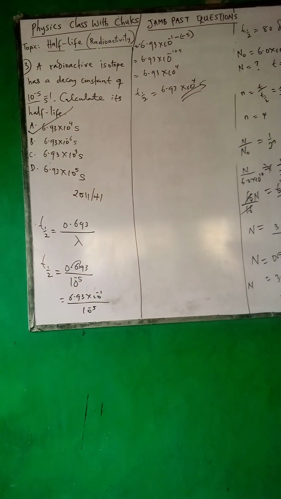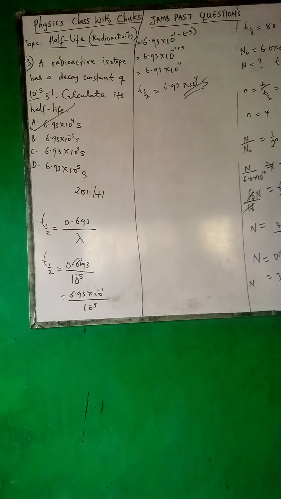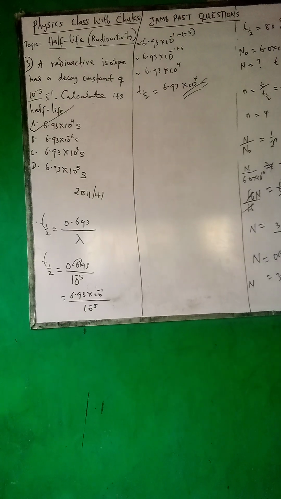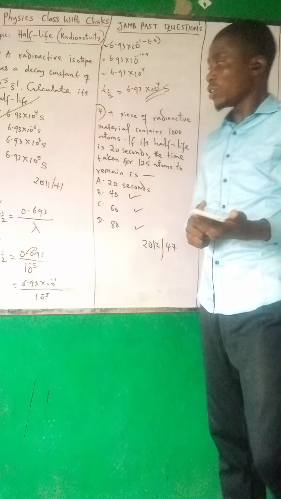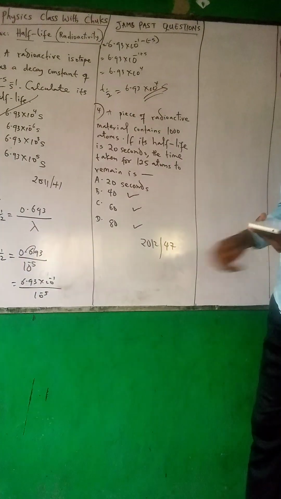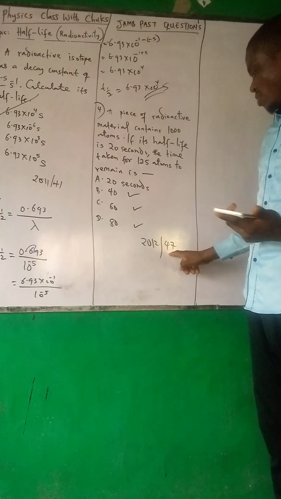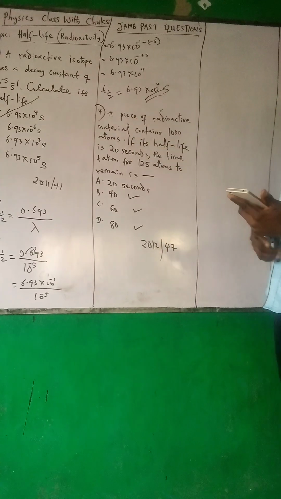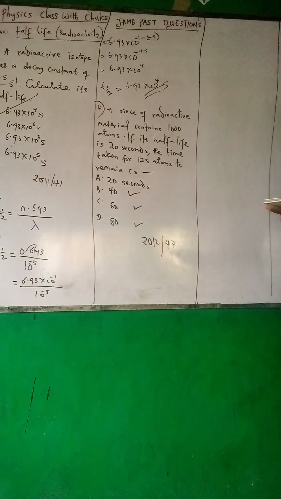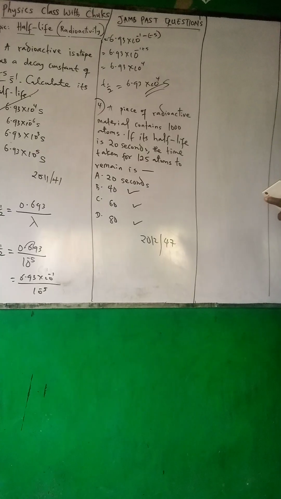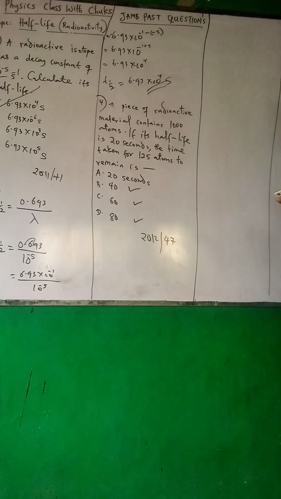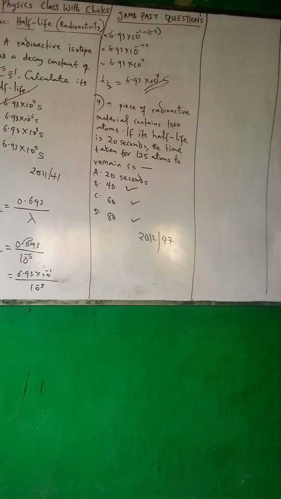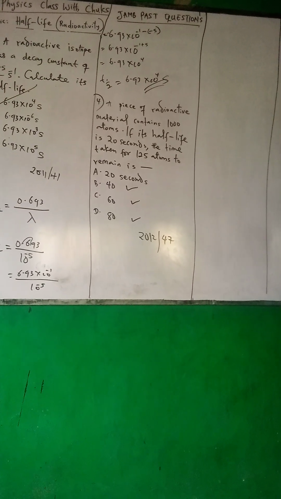Now, let's get to the last question for this concept. The question is taken from the year 2012, question number 47. It says, a piece of radioactive material contains 1,000 atoms. If its half-life is 20 seconds, the time taken for 125 atoms to remain is dash.